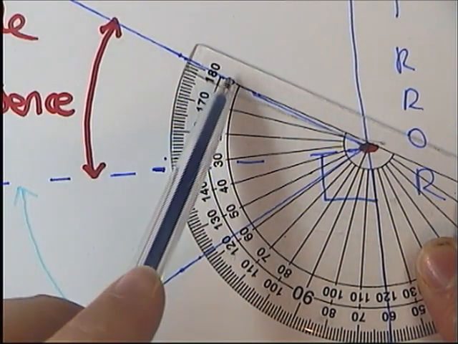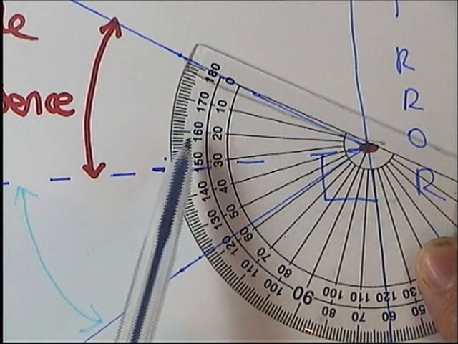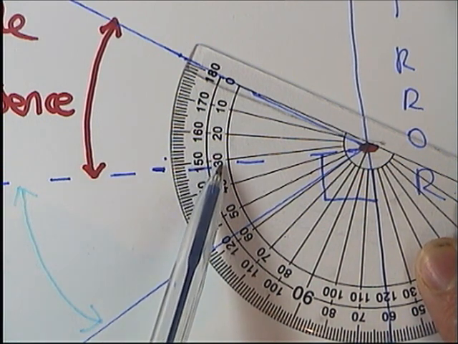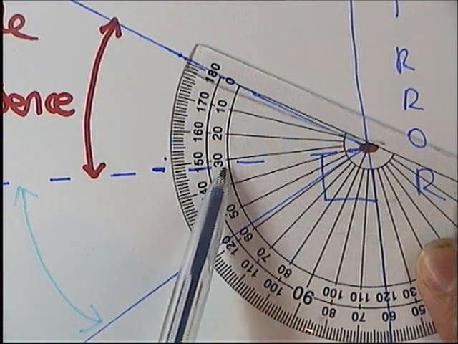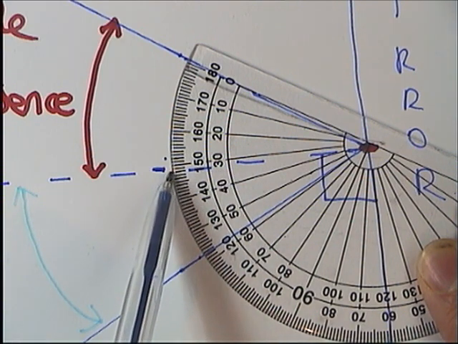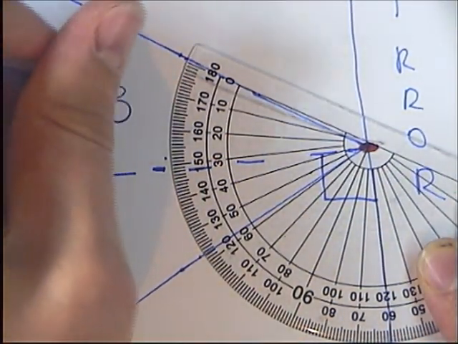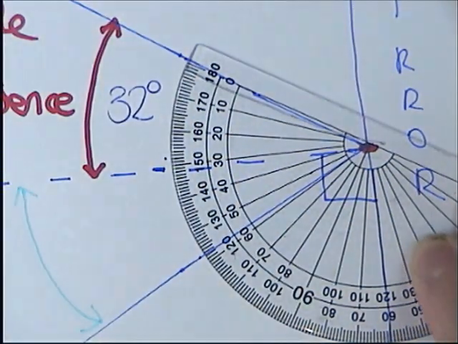So if I count round, there's 10 degrees, carry on 20 degrees, carry on 30 degrees, and the line's just this side of 30 degrees, so I go up and it's about 2 little lines past it, so that angle there is 32 degrees.